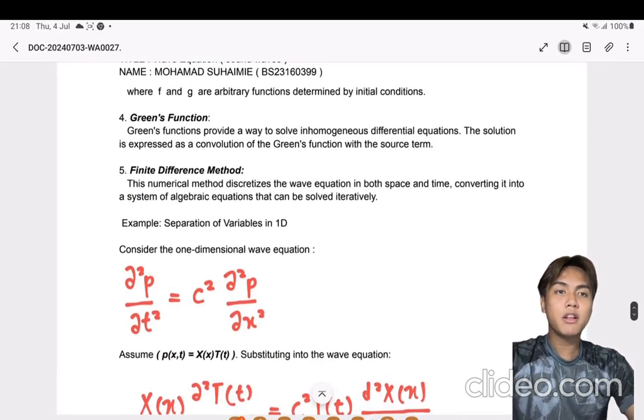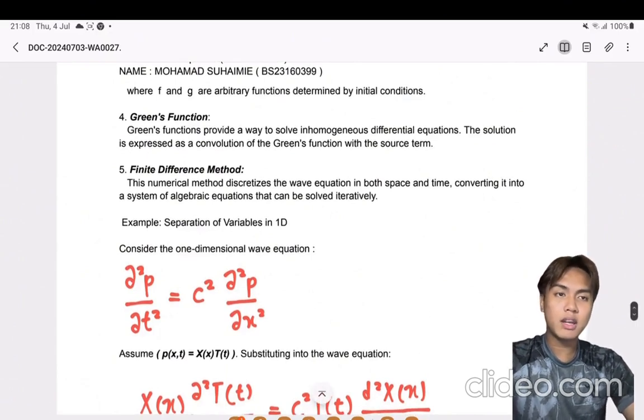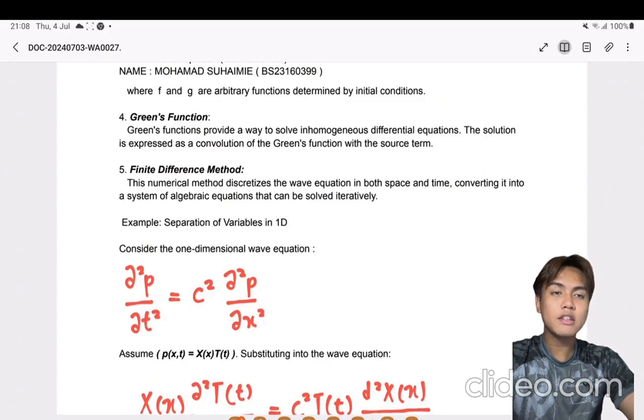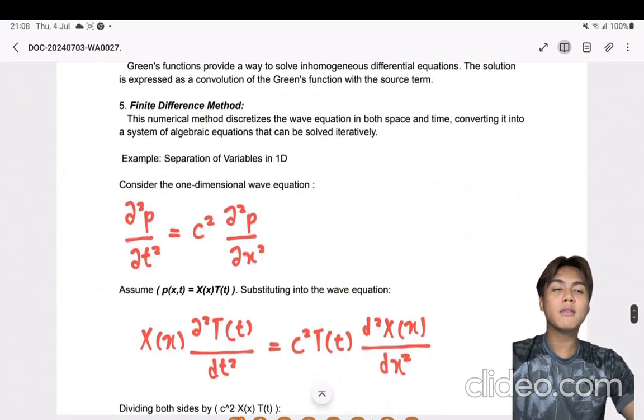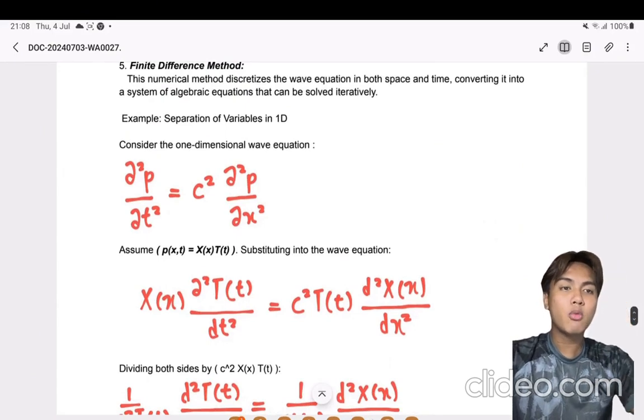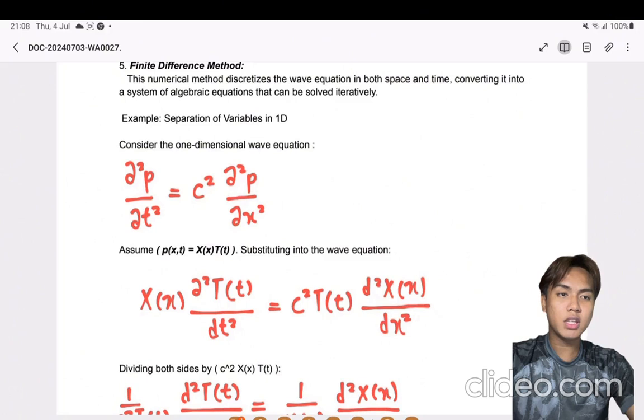This is an example of separation of variables in one dimension. Consider the one-dimensional wave equation. This is the original equation, and we assume p(x,t) equals X(x)T(t), like I already said from the top, and we substitute into the wave equation.